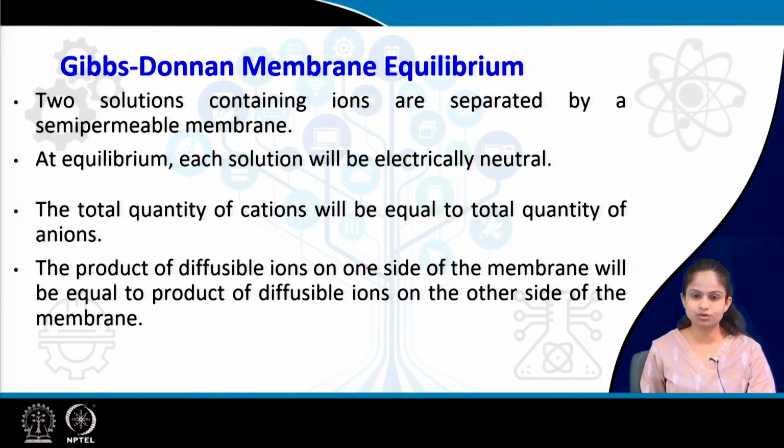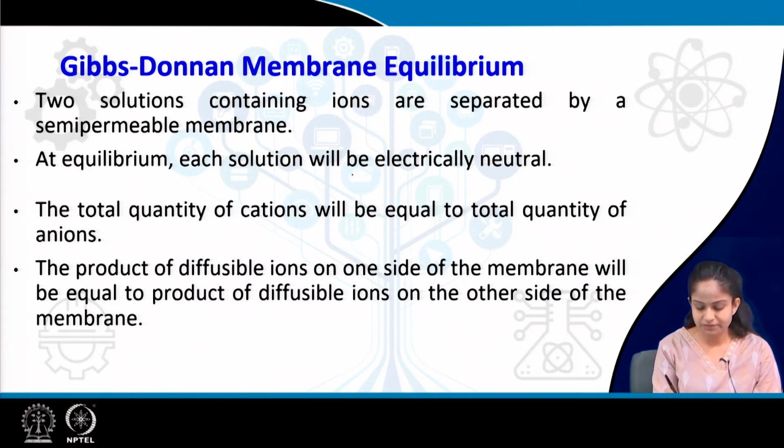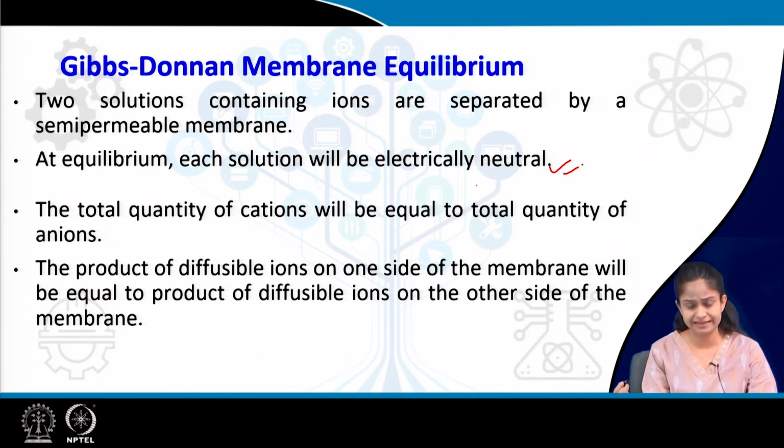What does the Gibbs-Donan equilibrium tell us? When two solutions are separated by a semi-permeable membrane, they are at equilibrium when each solution is electrically neutral. How do we say that solutions A and B, separated by a selectively permeable membrane, are at equilibrium?